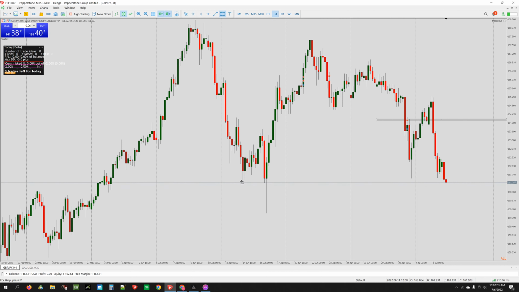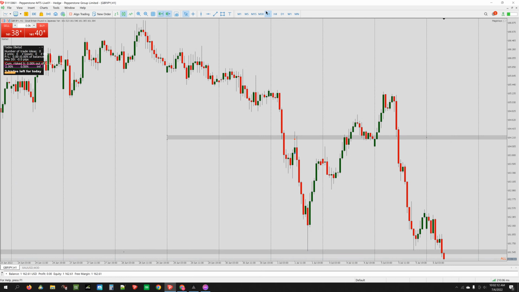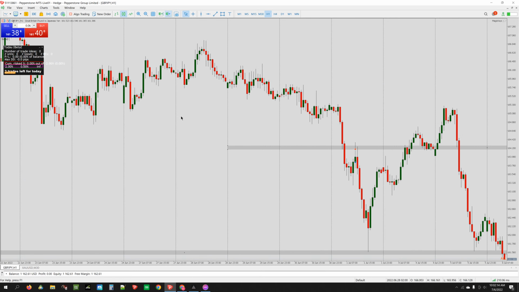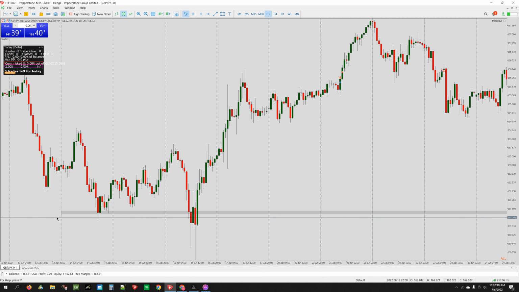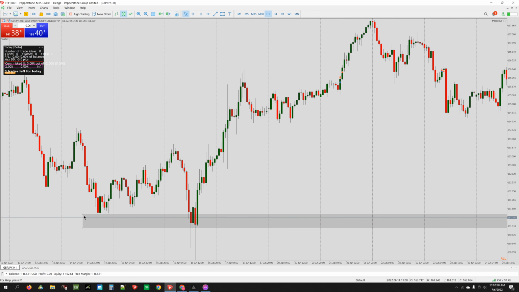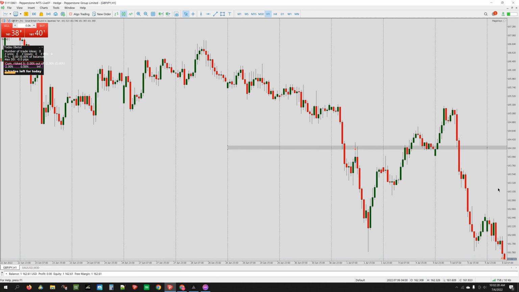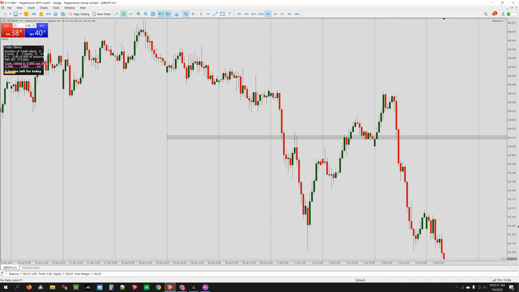In H4 we have this support. Price is breaking below that support, but we will see by looking at H1. We need to readjust it a little bit lower, around 161.